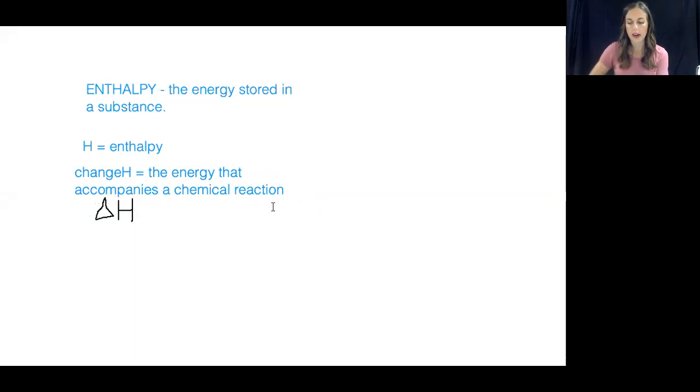And we're going to talk about that a lot, and we're going to do a lot of examples with actual equations. Sometimes chemists will call it the enthalpy instead of the change in enthalpy, but that's not actually correct. It is the change in enthalpy. So that's what we're going to call it throughout this module. So get familiar with that. It'll look like delta H.